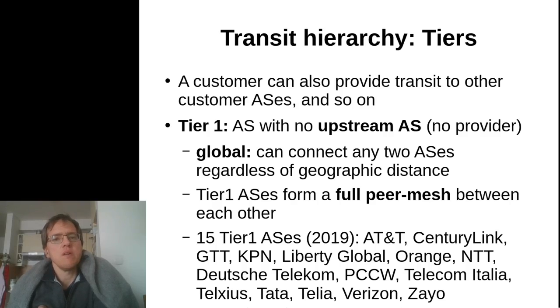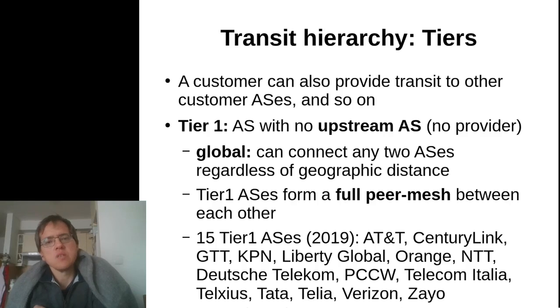So there can actually be a chain of transit relationships that connects a customer to a direct provider, but then the provider can also buy transit service from an upstream provider, and this can go all the way up to a point where we arrive at an AS which in itself does not have any more upstream ASs, so it has no providers.